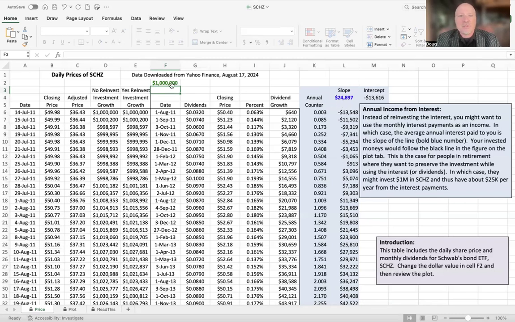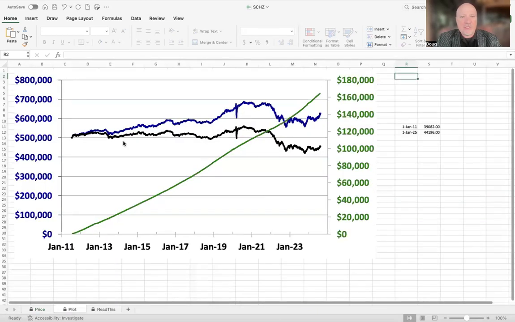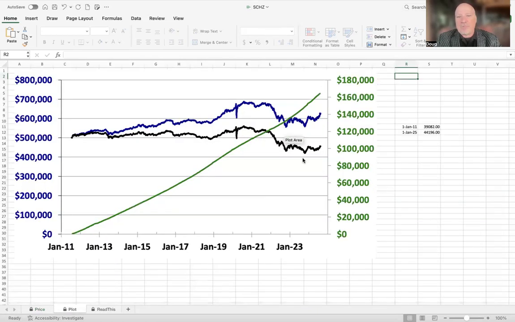So that's how you read this. Whatever numbers you put in here, let's say $500,000, then the bond fund is going to provide you with about $12,500 per year in interest that you could live off and do very little in terms of changing the overall principal. This downfall right here, this was when inflation went up and therefore bond prices went down.